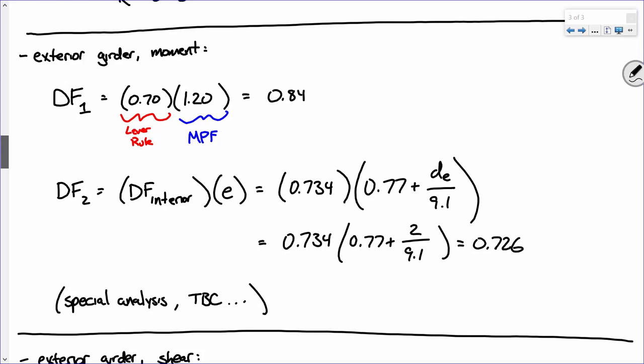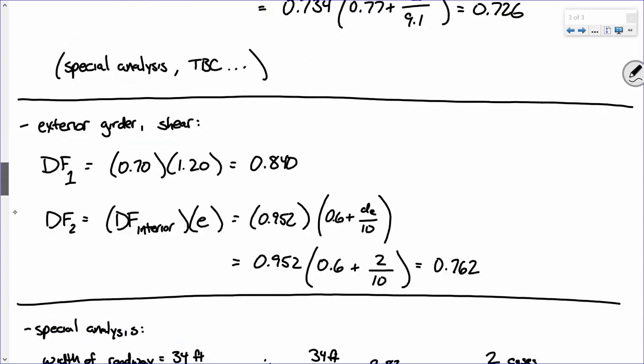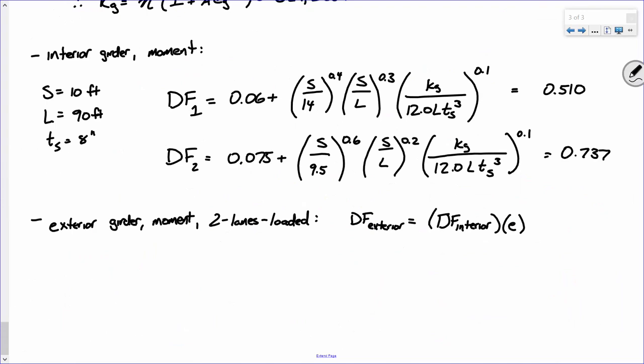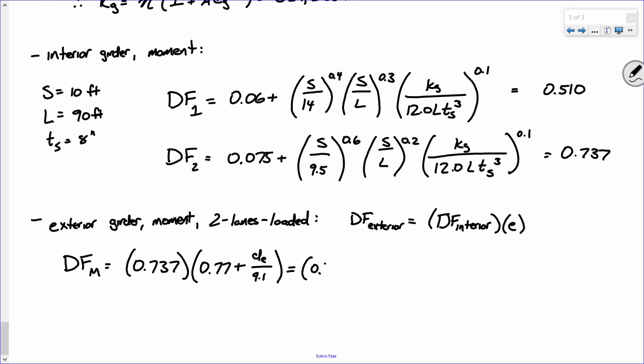And DE was measured to be 2 feet from the exterior girder to the curb. So I take the worst case scenario, which is 0.737. I then multiply it by 0.77 plus DE over 9.1, which is 0.737 times 0.77 plus 2 over 9.1, which is what?